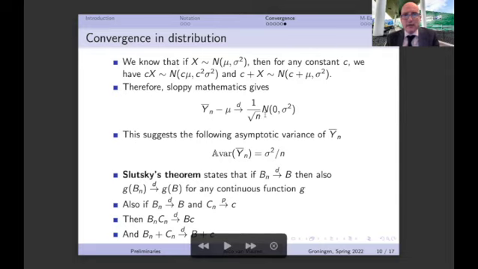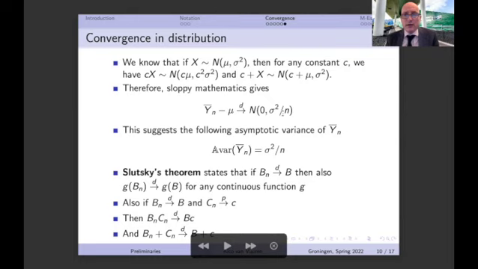So that means that we still have a normal distribution with a mean equal to 0, but the variance is now equal to sigma squared over n. Then the next thing we can do is bring the minus mu to the other side, so that the sample mean converges in distribution to mu plus this normal distribution.